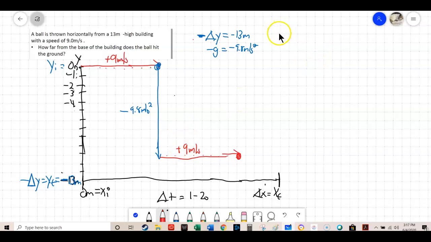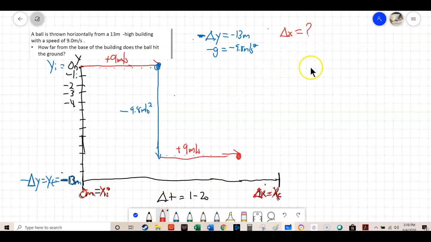It's given, and so we need to find the delta x. So we're finding delta x in the x direction, which is actually x final. We're trying to find out how far it went. If x initial is 0 meters, it starts off at 0 meters, then we need to find out what that is in the x direction.